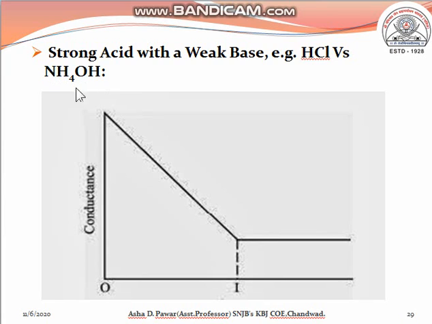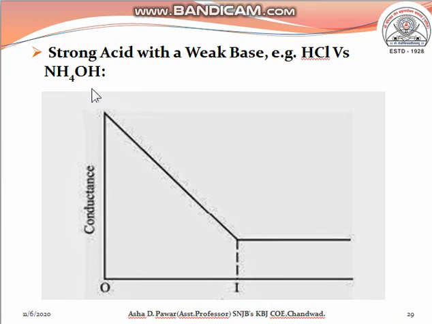As the addition of ammonium hydroxide, formation of ammonium chloride, that is a salt of strong acid weak base. It is not strong, that's why conductance decreases up to the end point of this titration, and after the end point or after the equivalent point we again add an excess of weak base, that is ammonium hydroxide. Conductance nearly remains constant because it is not completely ionized.